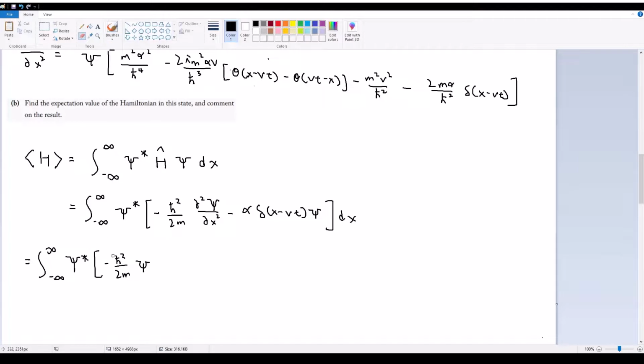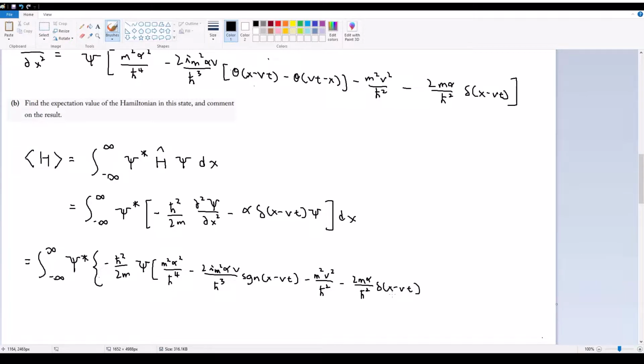So it might actually be better to cap this off with a curly bracket. So psi, and then multiplied by m²α²/ħ⁴ minus 2im²αv/ħ³ times signum of (x − vt), minus m²v²/ħ² minus 2mα/ħ² Dirac delta(x − vt).